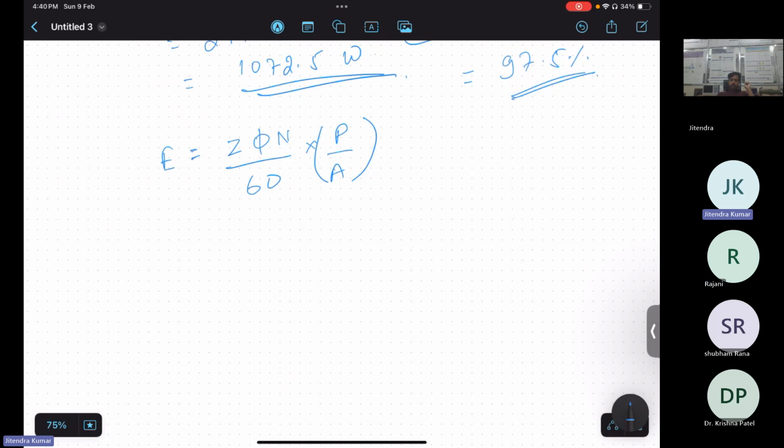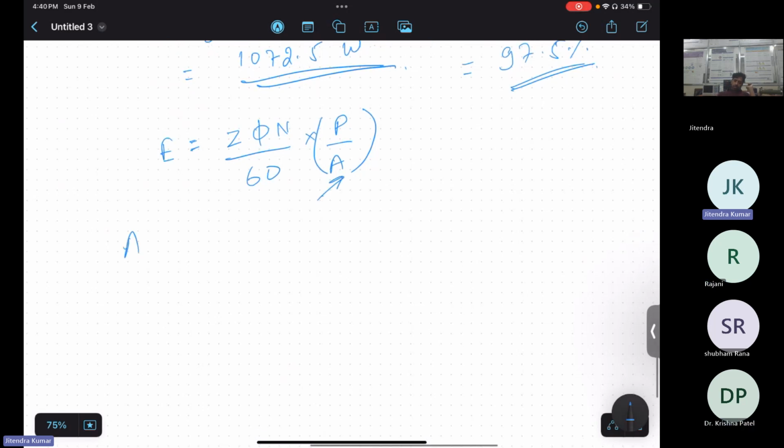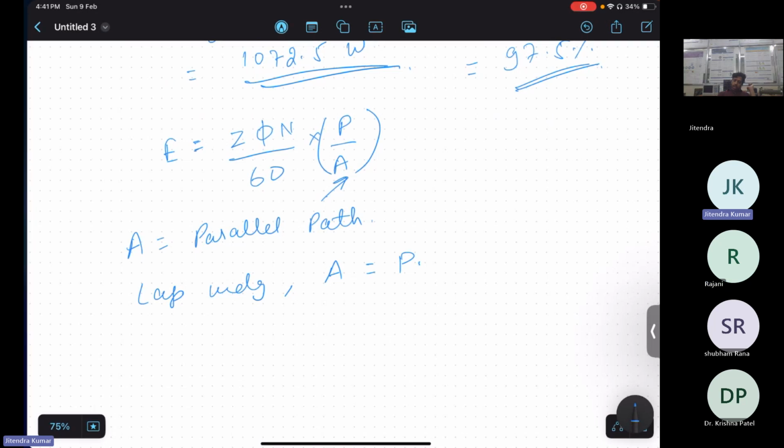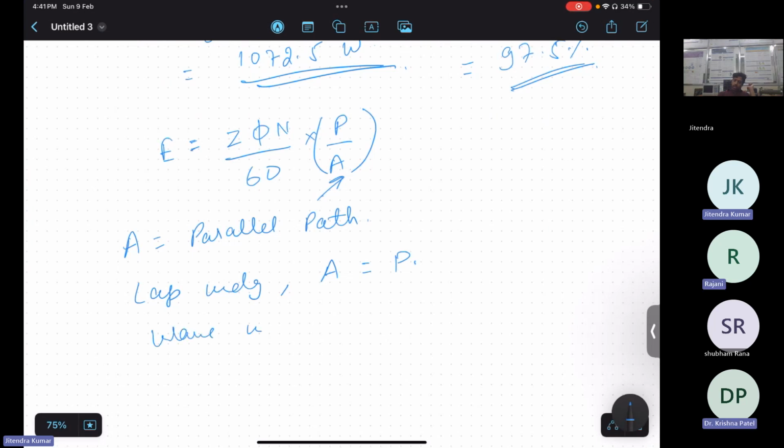A is the number of parallel paths, and it changes for lap and wave windings. For lap winding, A is equal to P, the number of poles. For wave winding, A is equal to 2.